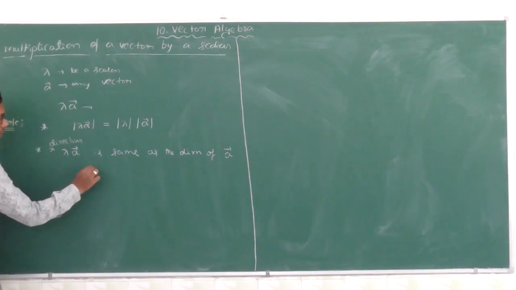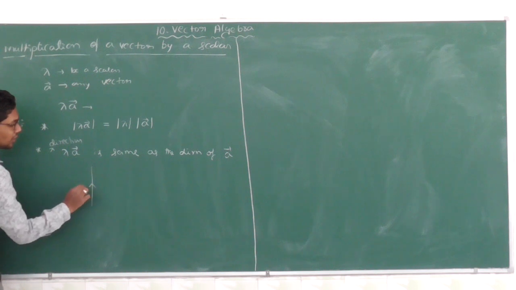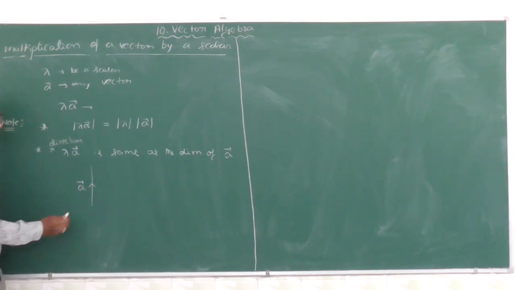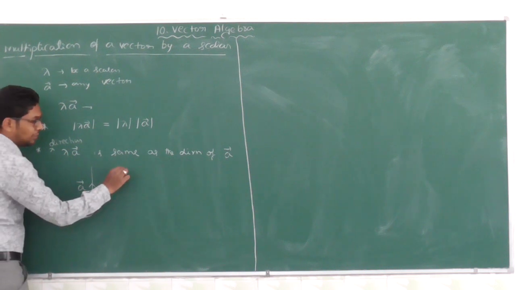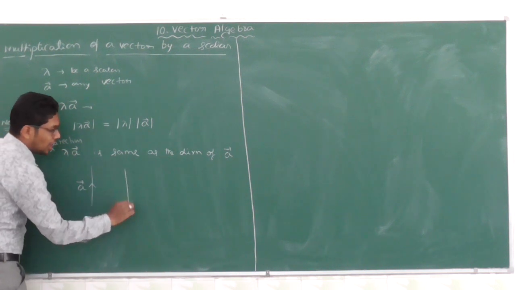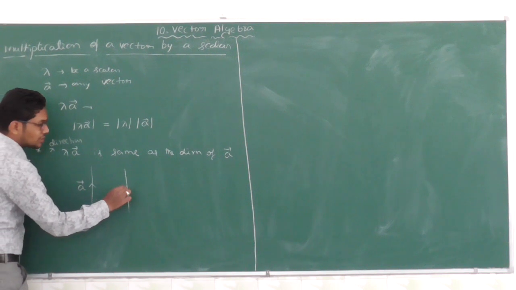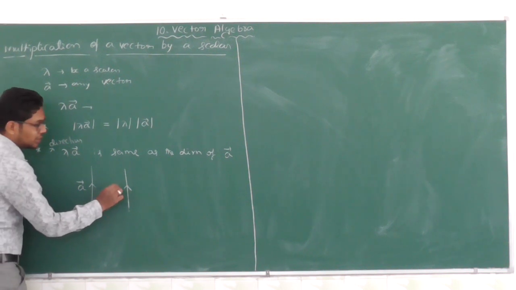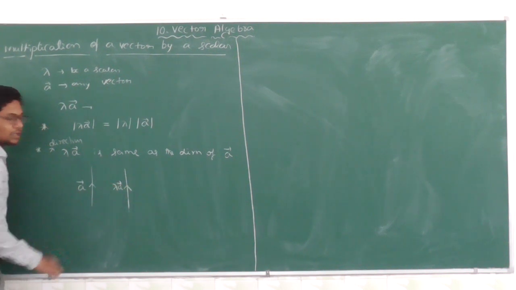How is it? See, we have the vector a. What about lambda a vector, the multiplication of a vector by a scalar? How will the direction be? It is also the same direction.